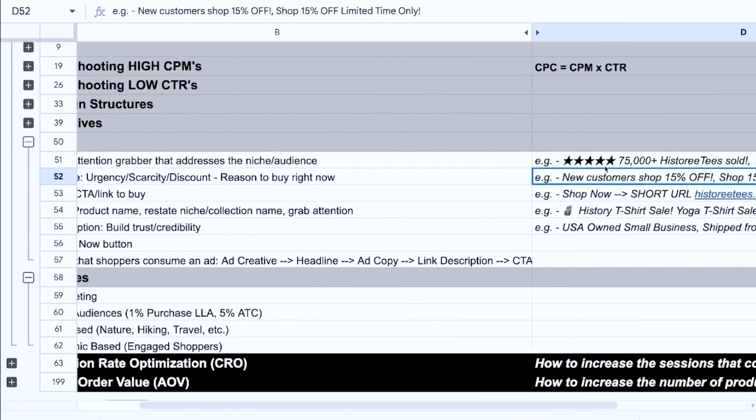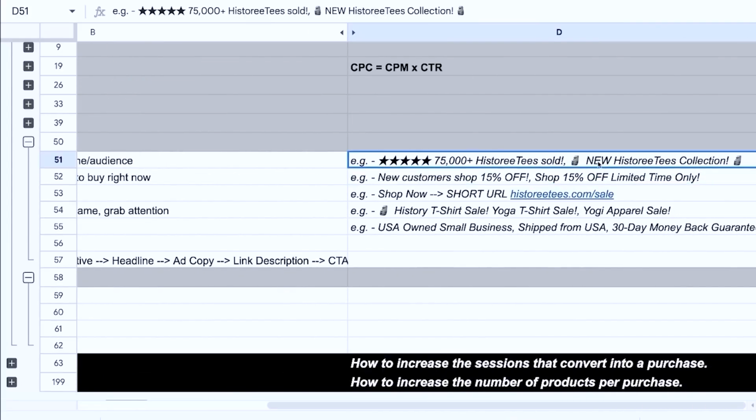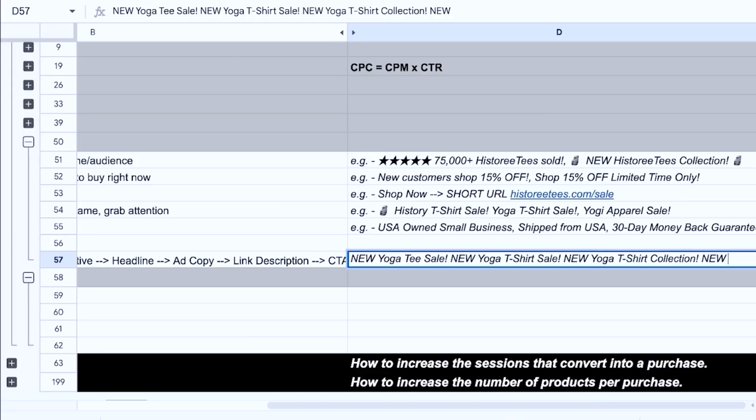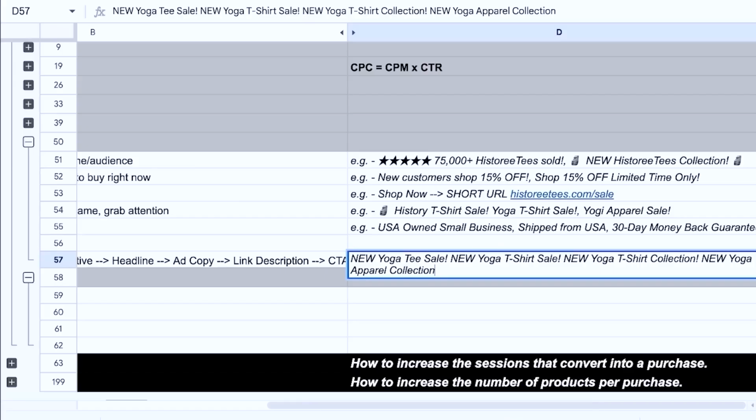If you really wanted to, you could split test new yoga t-shirt sale, new yoga tees sale, with one emoji, or new yoga t-shirt collection, new yoga apparel collection, or spring yogi collection, depending on the time of year, and then try out different emojis. So just in 2 seconds, we came up with 5 different versions of things we could split test as the attention grabber.